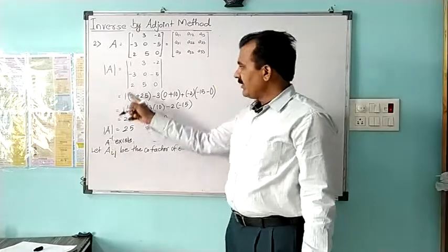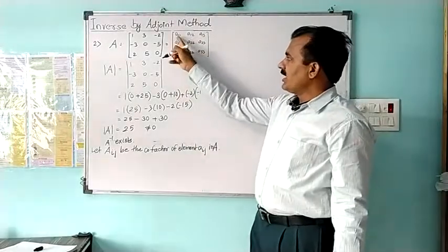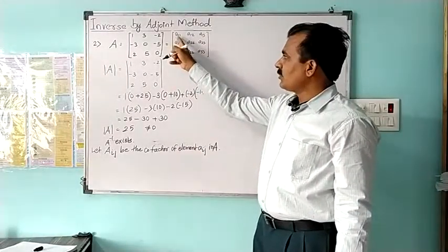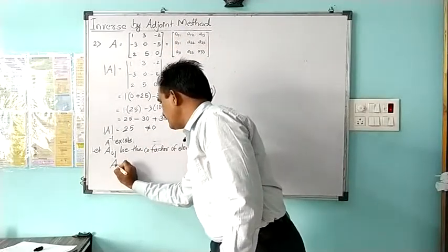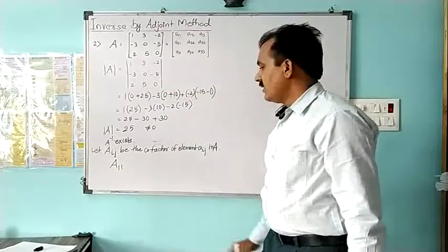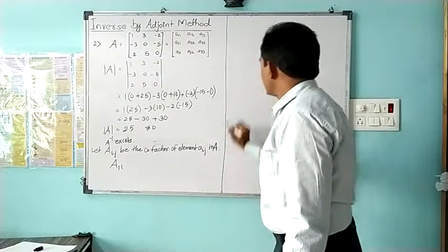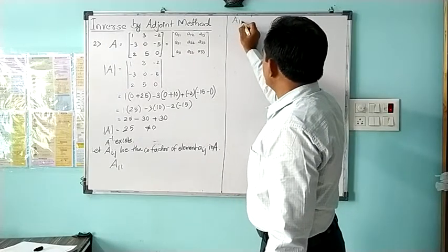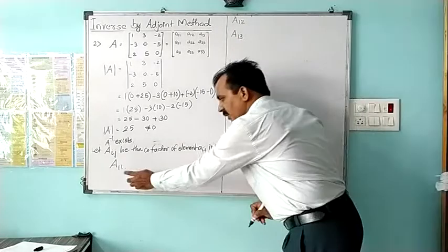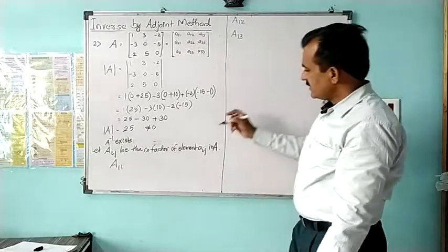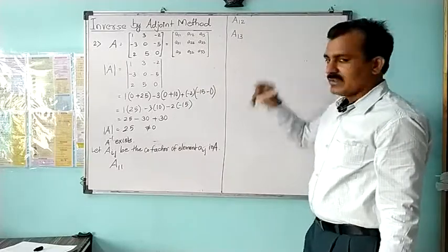Now we have 9 elements in these 9 positions. So we will have 9 cofactors starting from subscript 11 with the capital A letter: A11, A12, A13. So keeping the first subscript 1 and changing the second subscript as 1, 2, 3.